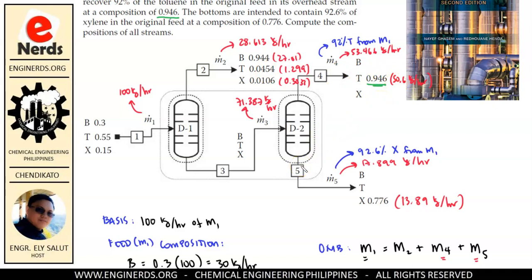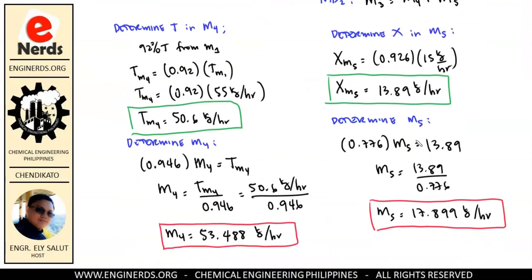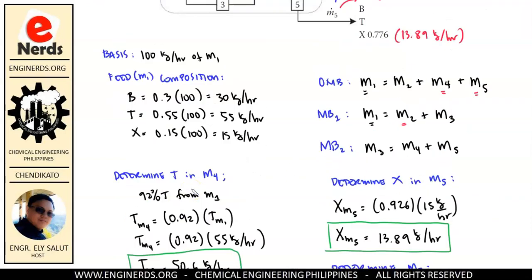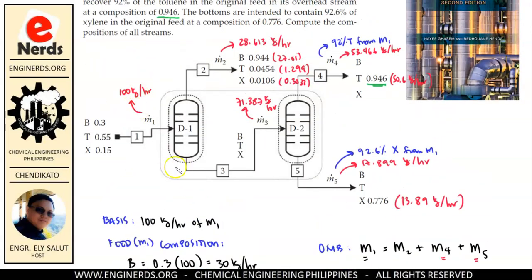Okay, so we know that in our M4, our toluene is equal to 50.6 kilogram per hour. So, nasolve na natin yan dito. Okay, so let us now solve for the toluene in M5.